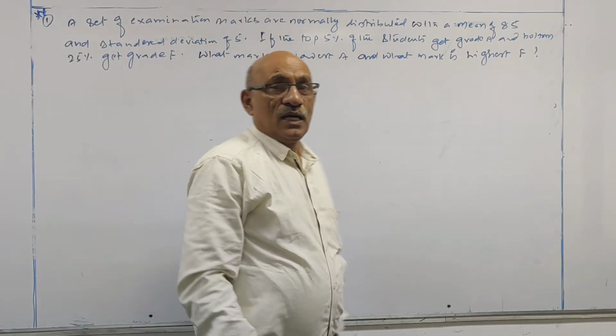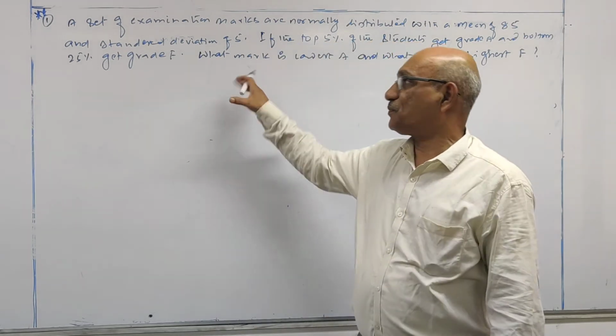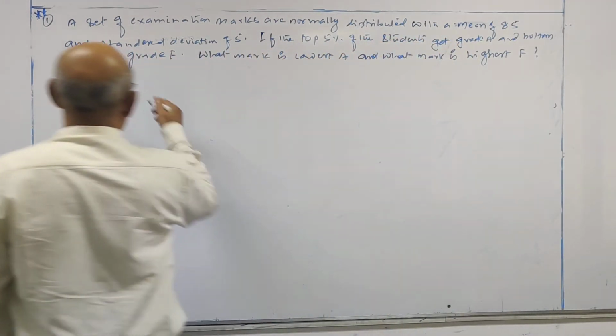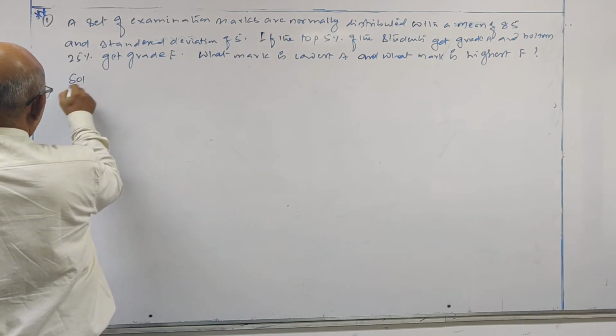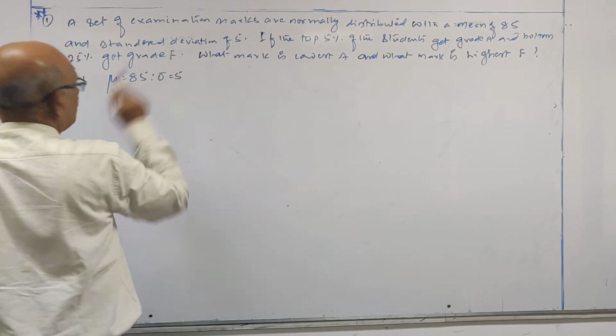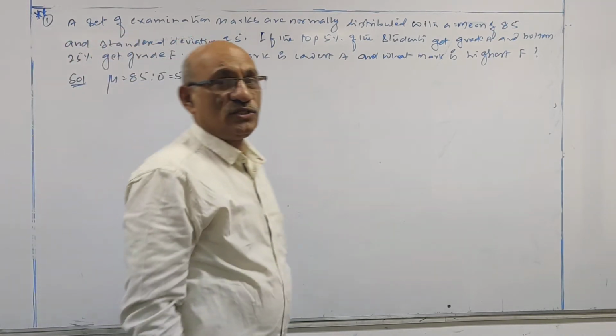Okay, this is not in your material. This problem I considered from my side. Look at this solution. Mu is equal to 85, standard deviation is 5. It is given in the question.